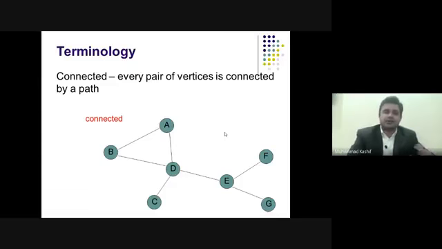Pair of vertices means in each path we have pairs of vertices, and the vertices are A, B, C, D, E, F. If you consider a path where A, D, E, and F are available, then A, D is a pair, D, E is a pair, and E, F is a pair. So this is the definition of a connected graph, where every pair of vertices is connected by a path.